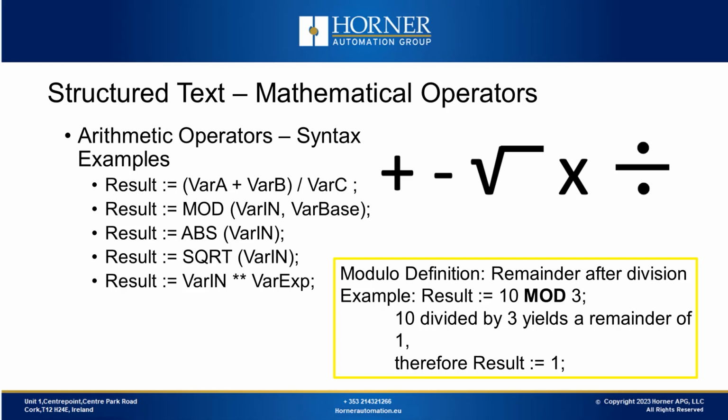Remember to use the assignment operator to assign values. For instance, in the last example, we are raising the variable in to a power specified by the variable exponent. These examples offer a practical glimpse into structured text syntax.